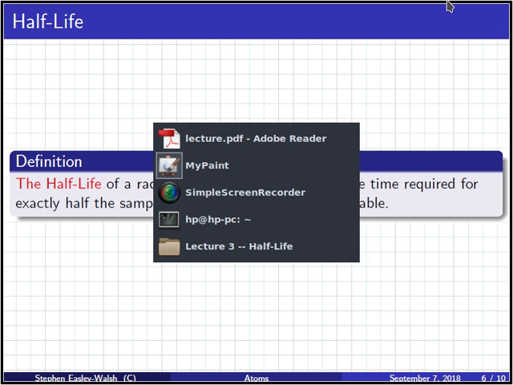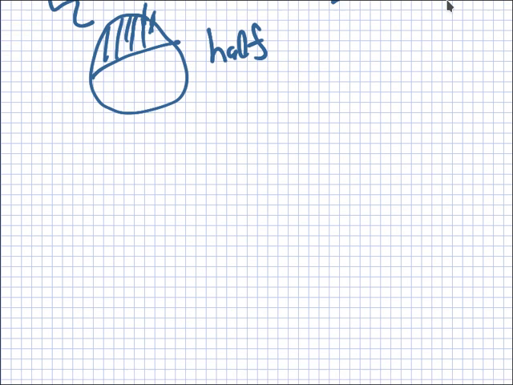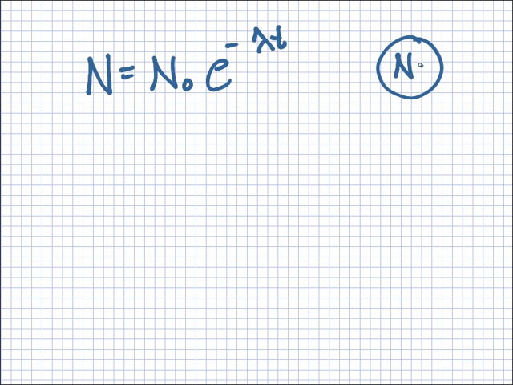Now, how's your maths? Are you good at maths? No. Well, I'll give you a simple maths problem. We have this formula here, okay? Let's imagine we start off with n0, and I want to know the time taken so that I have a half n0.